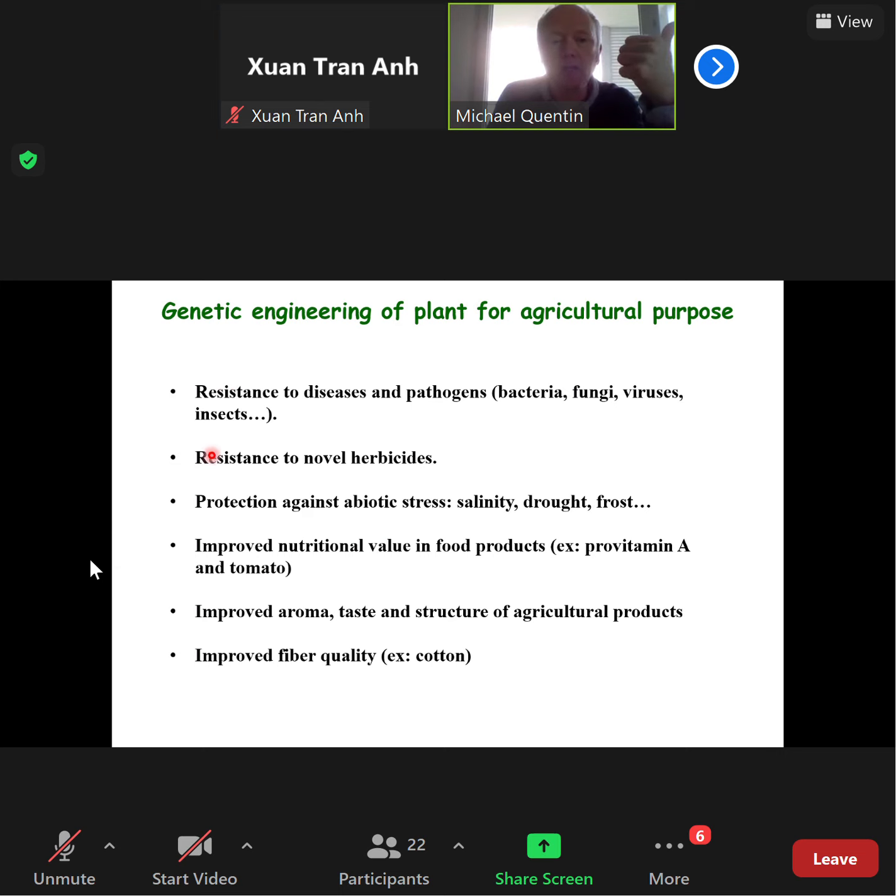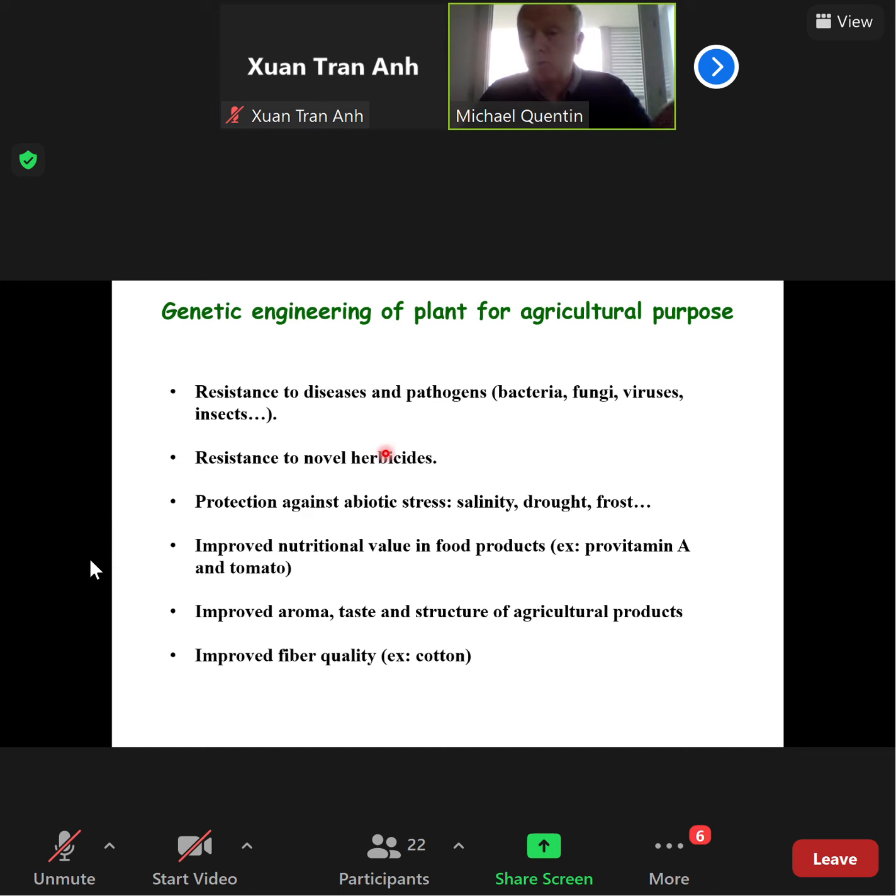And I would say that the second most used purpose of GMO plants is resistance to herbicides. So the huge majority of commercialized GMO plants are plants that are resistant to disease or resistant to herbicides.